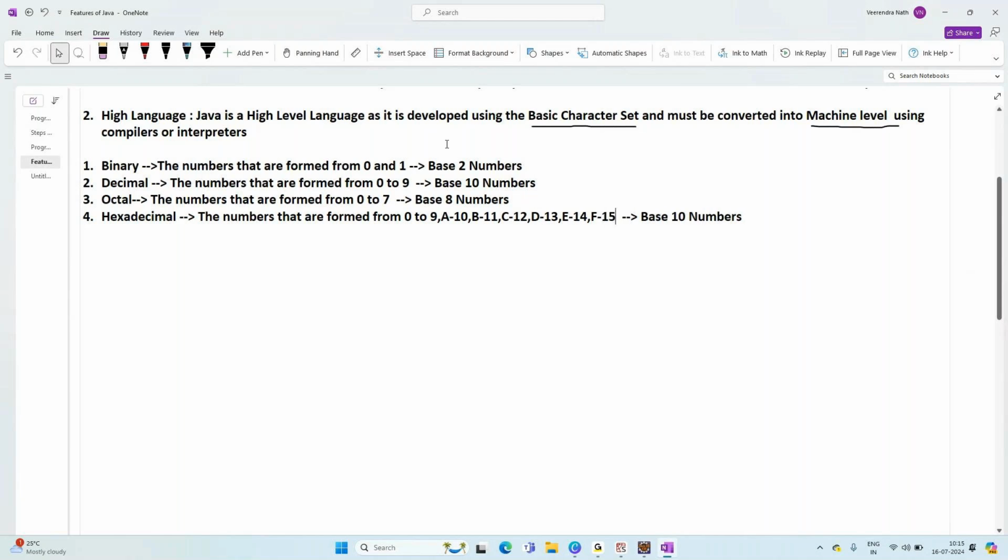So these are base 16 numbers. So we have base 2, base 10, base 8, and base 16. What we are talking about here are the types of numbers.